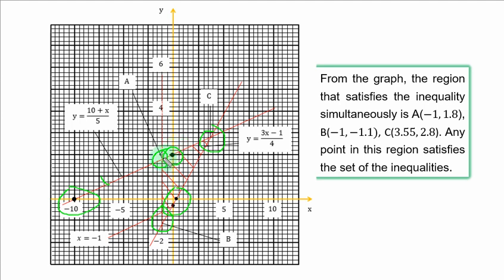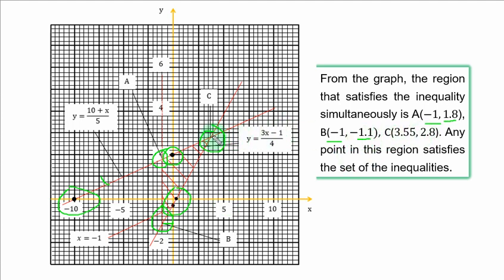So we take point A. If you trace this point to the s-axis, you have minus 1. If you trace that point to the y-axis, noting that one line is 0.2, you have 1.8. You take point B. If you trace this point here to the s-axis, you have minus 1. Now, if here is minus 1 and here is minus 1.2, in between is minus 1.1. That is what you have here.